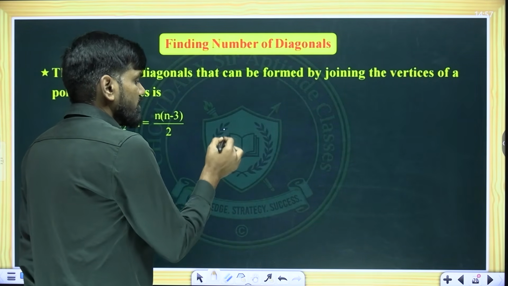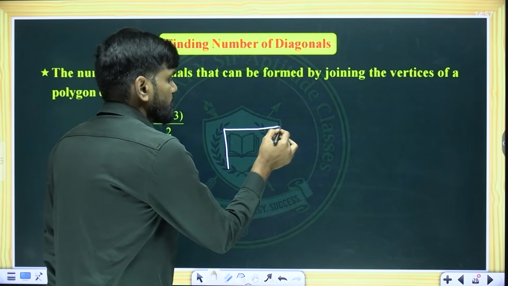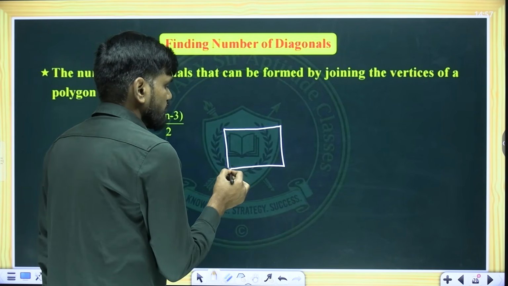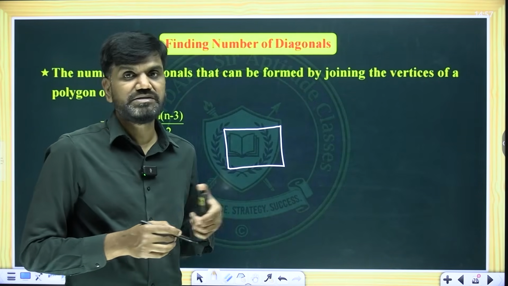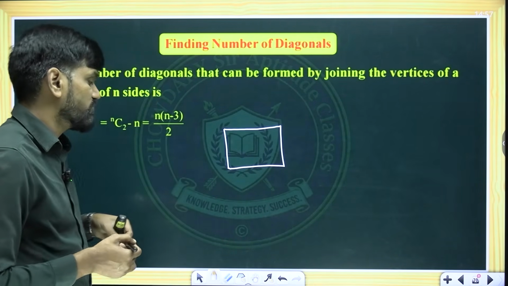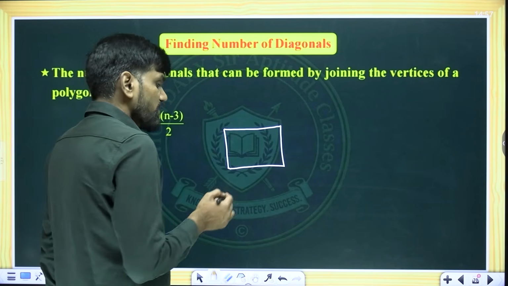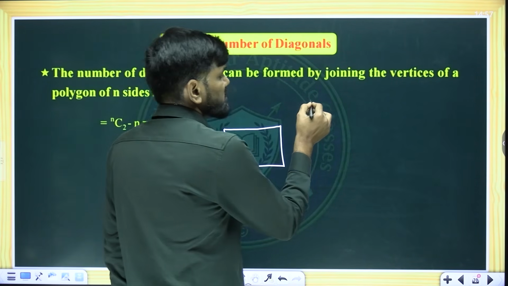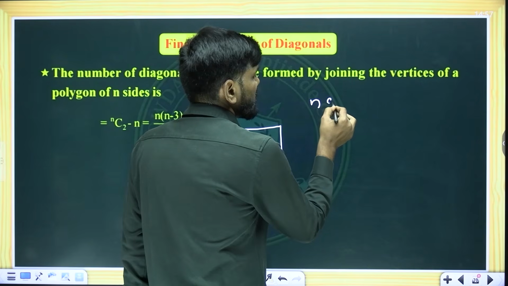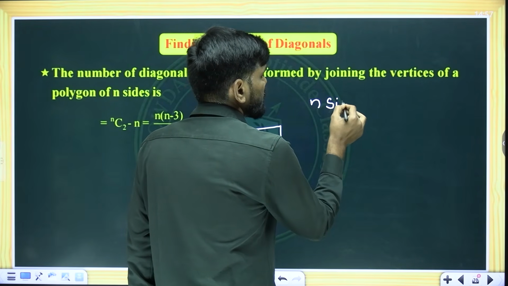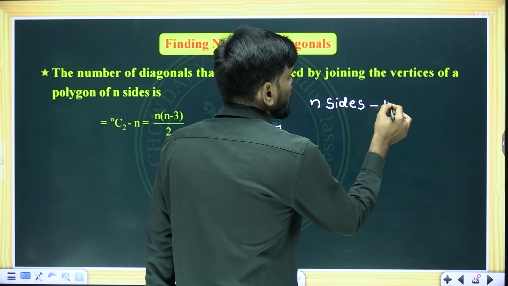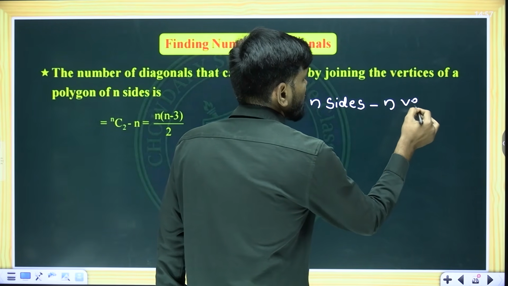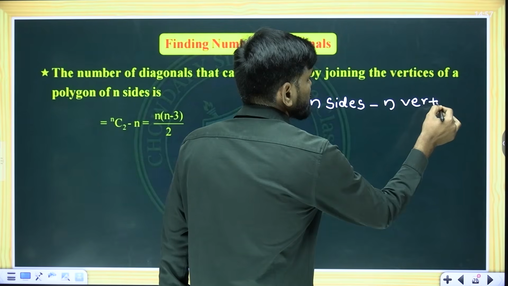So, if this is a quadrilateral, it has four sides, which means it has four vertices. Vertex is nothing but the meeting point of sides. Four sides are there, means four vertices are there. So, if there are n sides in a polygon, that polygon will have n vertices.